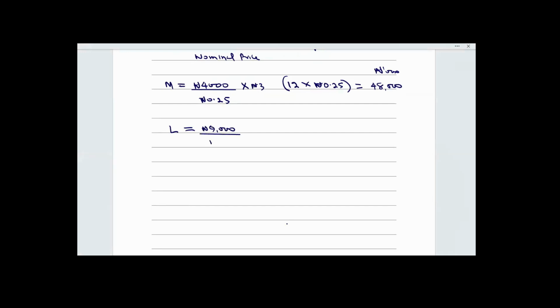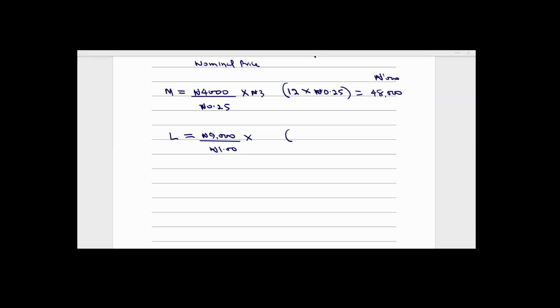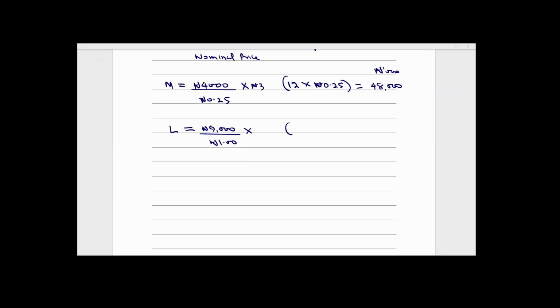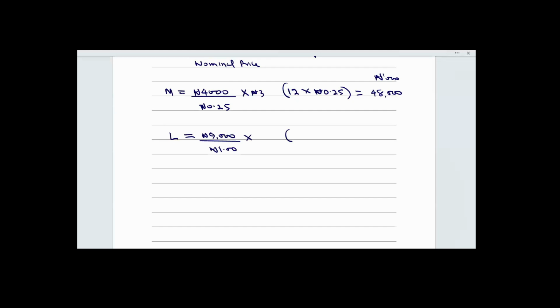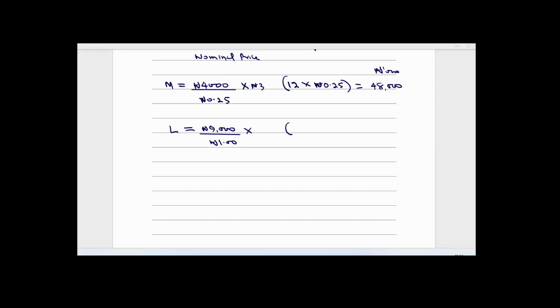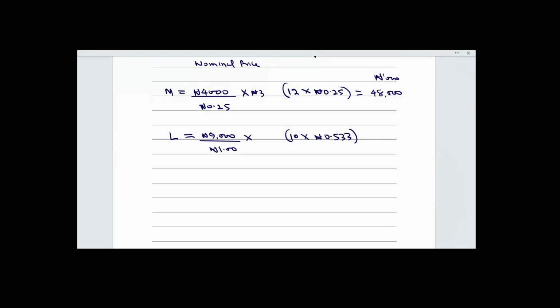divided by nominal price of 1 naira. Earnings per share of Limpopo, according to the question, is 53.3 kobo, and the price earning ratio is 10 times. So here is 10 multiplied by 0.533.